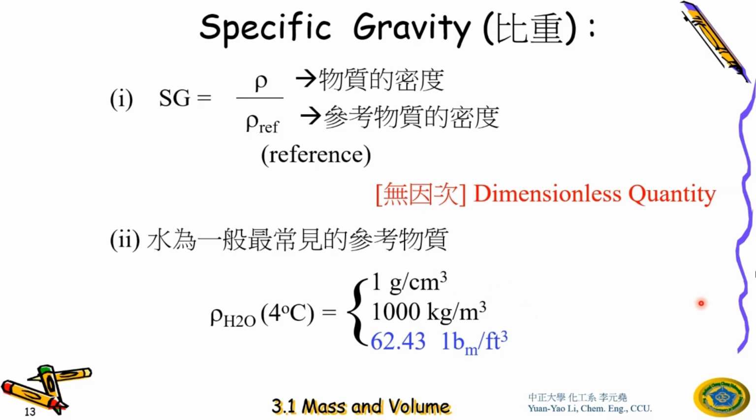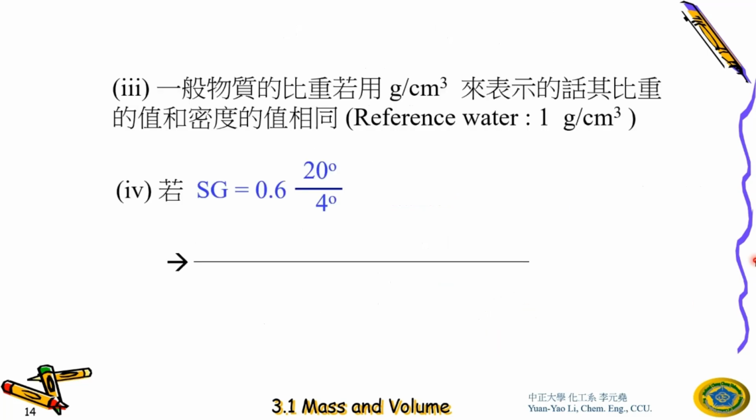Okay, I'm sure this doesn't bother you at all. So when you see something like specific gravity equal to 0.6 at 20 degrees divided by 4 degrees, what's this? This is the density of water at 4 Celsius, which is the reference, and this is the measurement. For some substances, you measure the density at 20 Celsius, and the specific gravity will be 0.6. So this expression tells you two pieces of information. The first is the density of water at 4 Celsius.